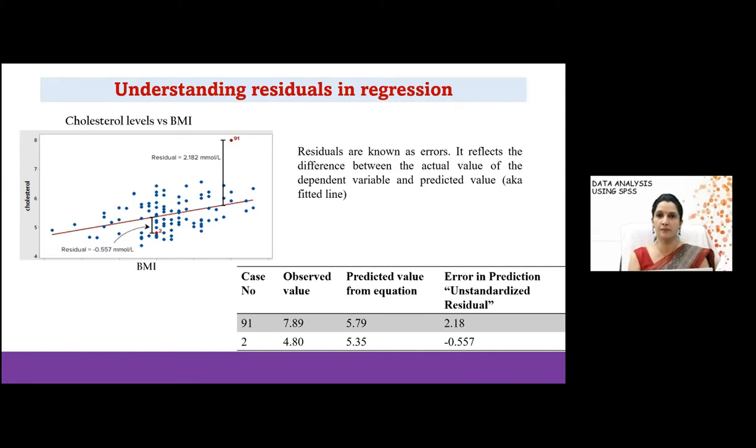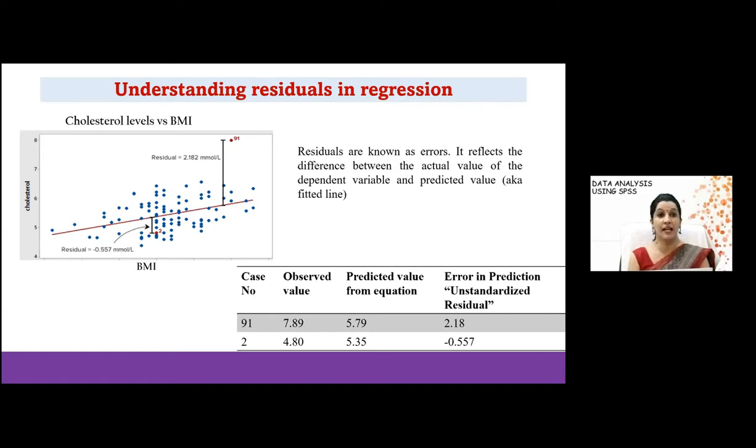For this case number 91, how do we know that the line is a predicted value? Yes, because the regression equation and the fitted line is the line of the predicted value. This we know by our theory that the computer software draws this line.